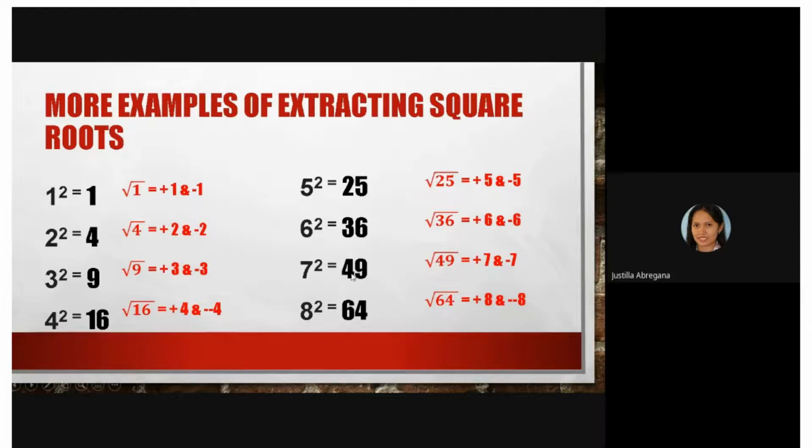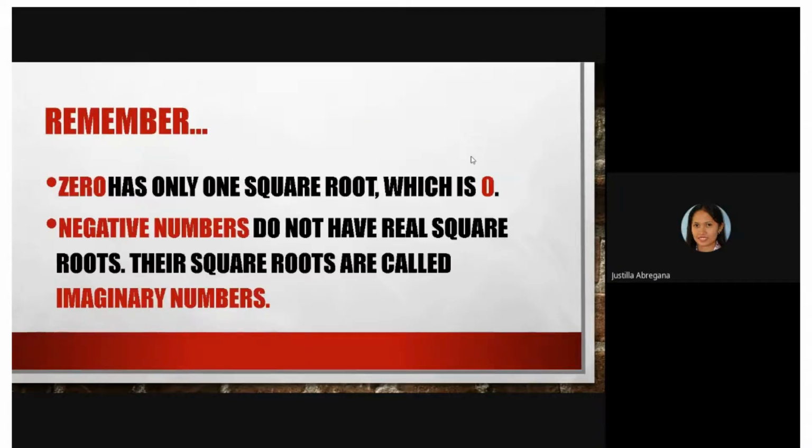Same as the square root of 25, square root of 36, square root of 49, and square root of 64. So we find a number that when we multiply it by itself, it's equal to the radicand. Remember that 0 has only one square root, and that is 0, because when we multiply 0 by itself, it's equal to 0.